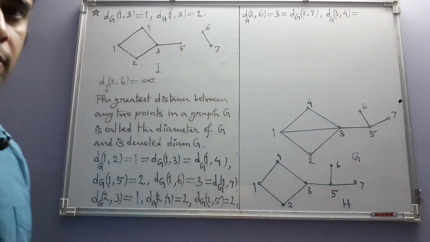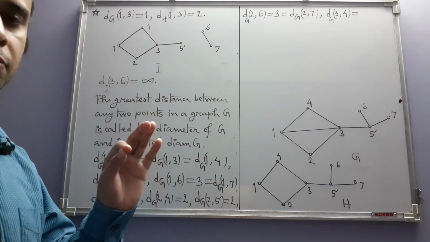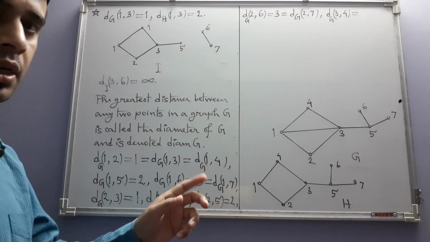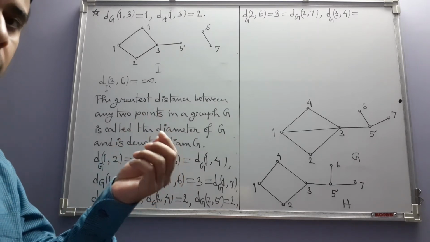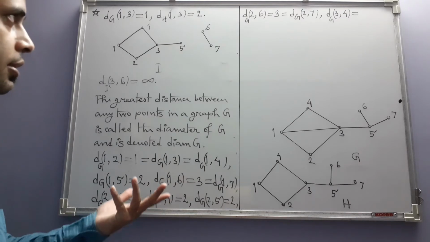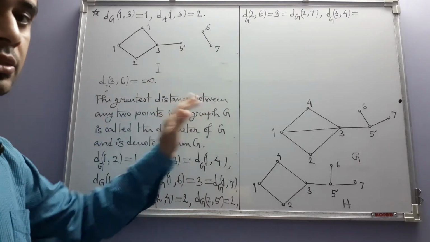Then note one more thing, that in any graph we always have a path from a vertex to itself, namely the trivial path consisting of only that vertex whose length is 0. So because of that, the distance of a vertex from itself is 0.